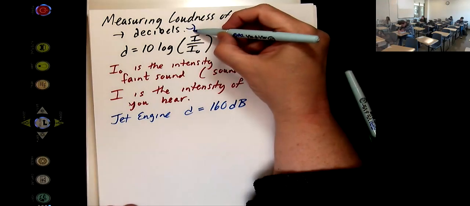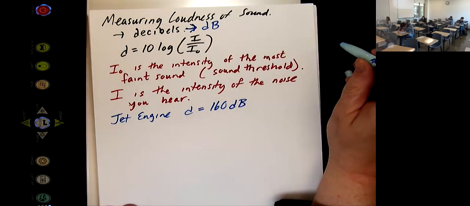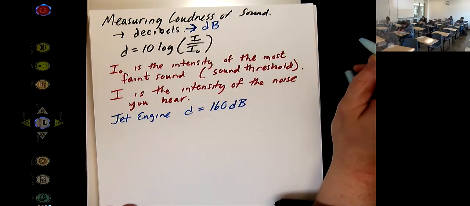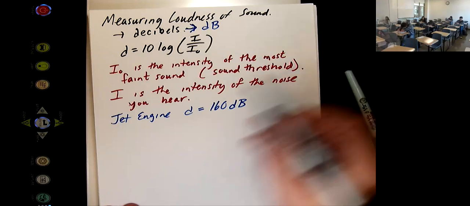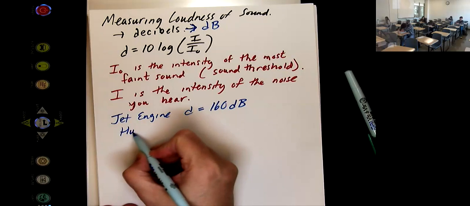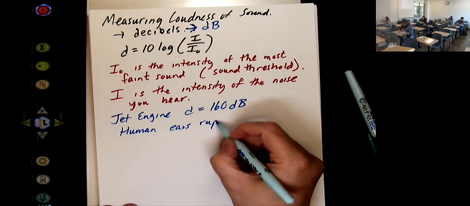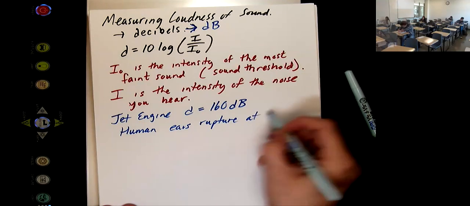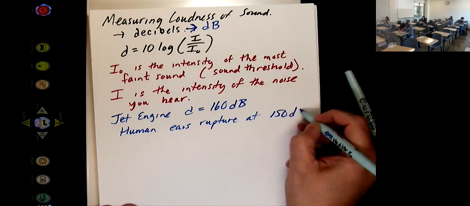We use dB as decibel, sorry. Human ears rupture at 150 decibels.